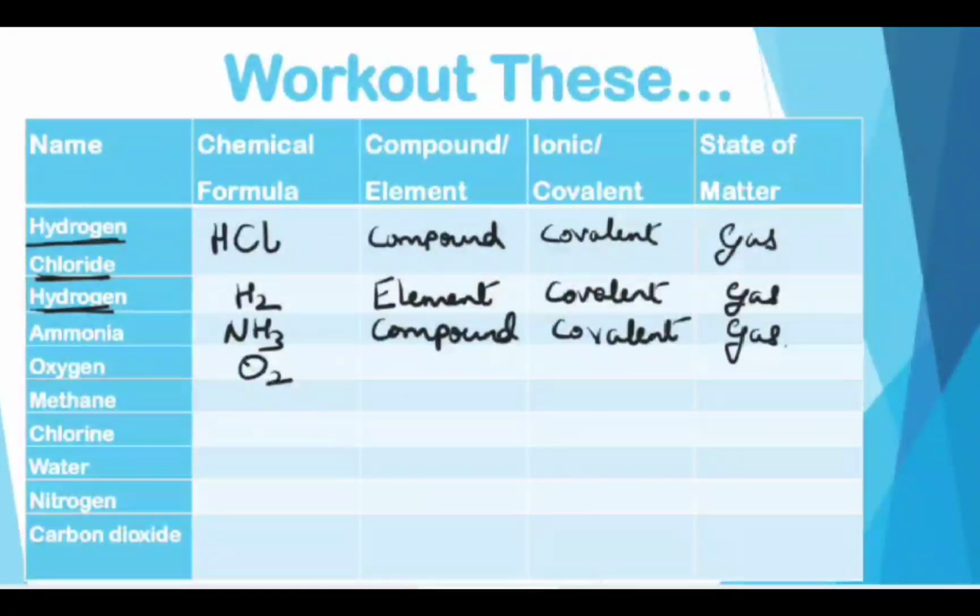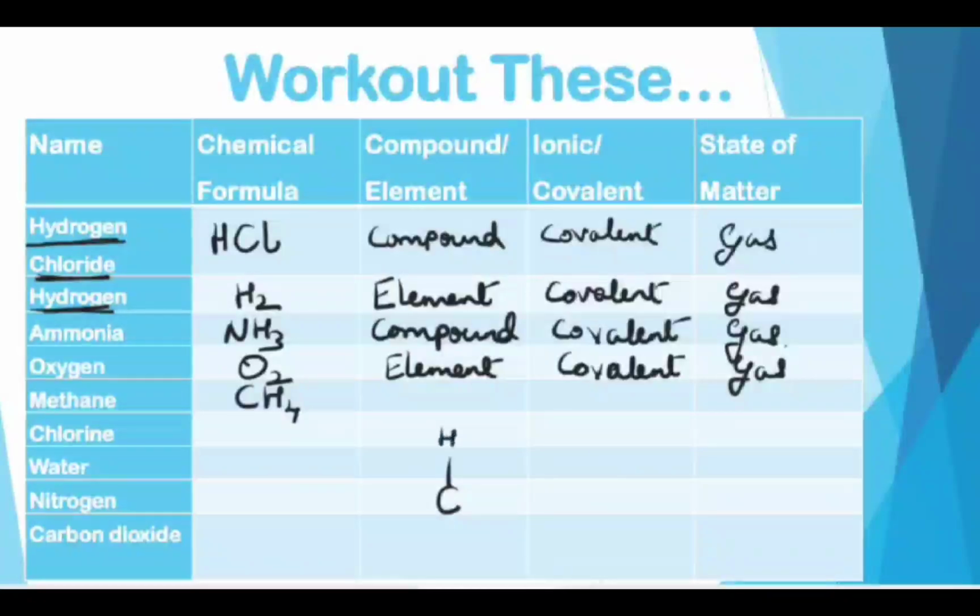Oxygen, O2, it is an element. Bond is a covalent bond, and this is also a gas. Methane, CH4, sharing of electrons, one carbon atom bound by four hydrogen atoms.